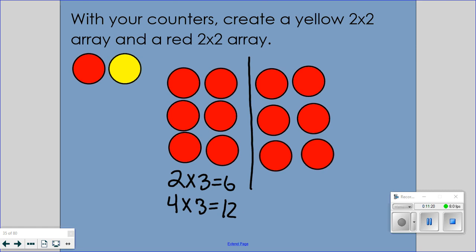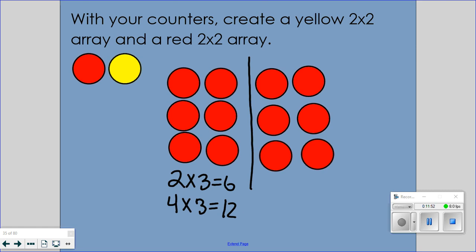Heidi is noticing that, like... Carl, what's Heidi noticing? She's noticing that, like, so you see that there's 2 groups of 3.